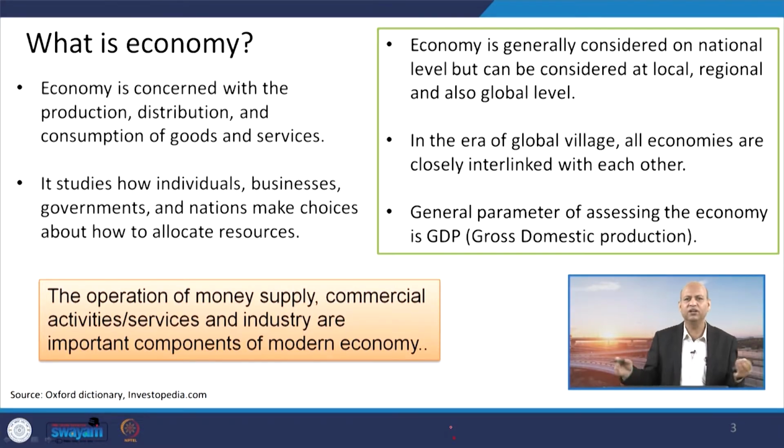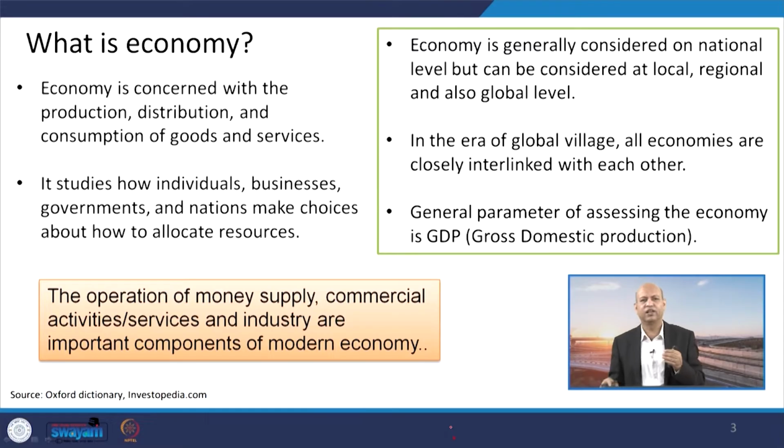So, in general it is considered as national level economic activity, or it can be local economic activity, or regional, or at the global level, like nowadays we have the WTO, World Trade Organization, that looks after different economic related issues.